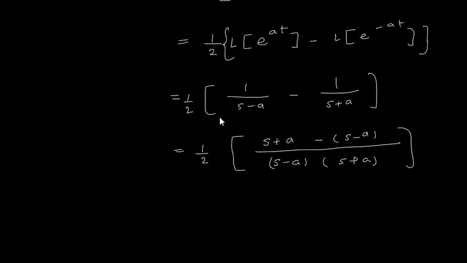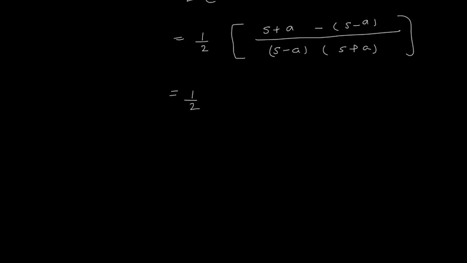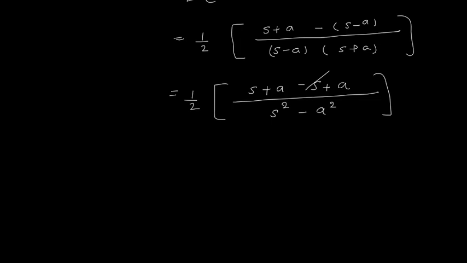So this is equal to 1 upon 2, s plus a minus s plus a, whole divided by s square minus a square. Now this minus s and plus s will cancel, and we have 1 upon 2, a plus a is 2a, divided by the denominator s square minus a square.